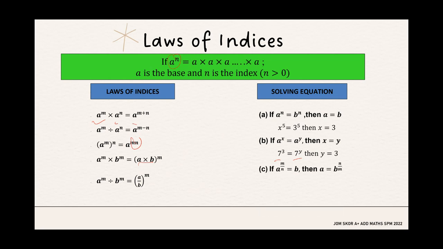Okay. The last one, if a to the power of m over n is equal to b, then a is equal to b to the power of n over m. For example, let's say we have 9 to the power of 3 over 2 is equal to 27. Then 9 is equal to 27 to the power of 2 over 3.